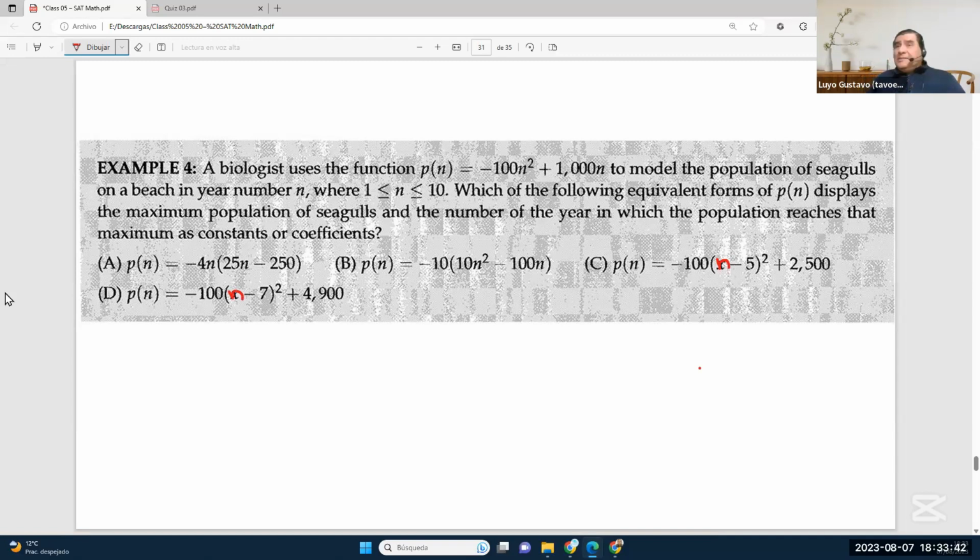So how do we solve this? Take a look at something. It's interesting that if our P of n is our y, and our n is our x, we have something like this. What about this coefficient? This coefficient represents that it's an inverted parabola. In an inverted parabola, imagine that we have something like this, right?